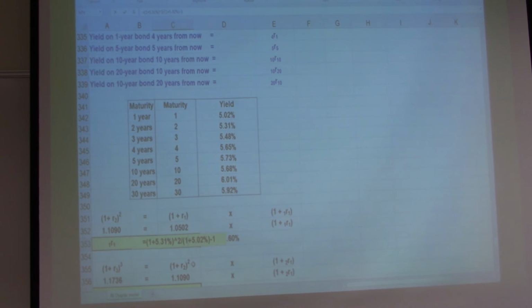The reason is, it's difficult to understand, but you see this is 2 years. We break it down into each year. 5.02%, this is X. But where you save it for 2 years, it's 5.31%, 5.31%.